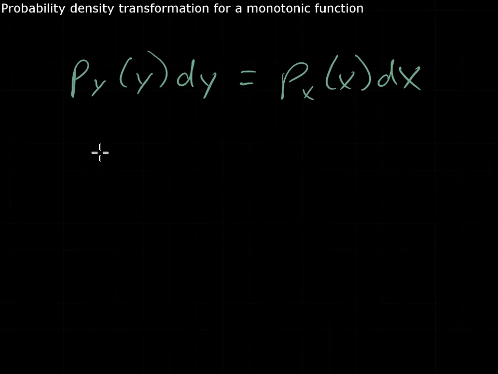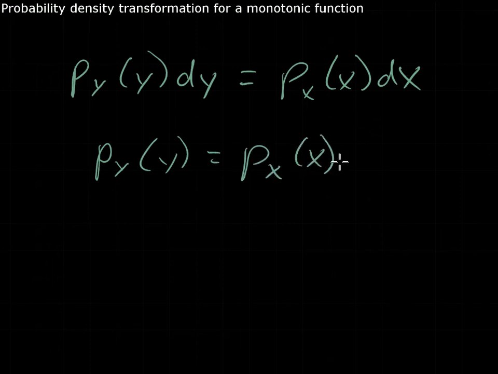And so we'll have p sub y of y is p sub x of x times dx dy. What I'm going to do here is put an absolute value sign, since this particular mapping between y and x may have negative slopes, and it doesn't make sense to speak of those in terms of a probability density.